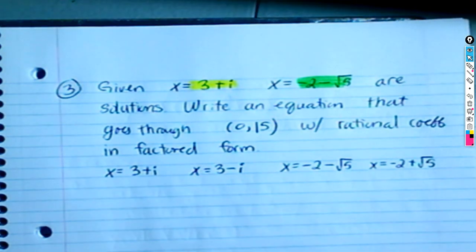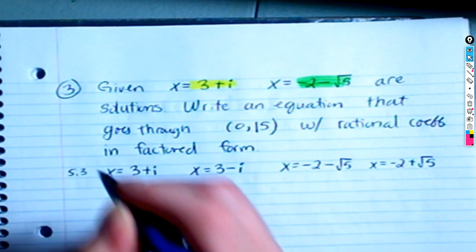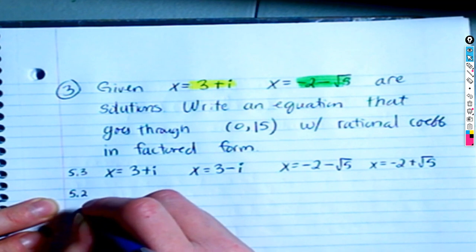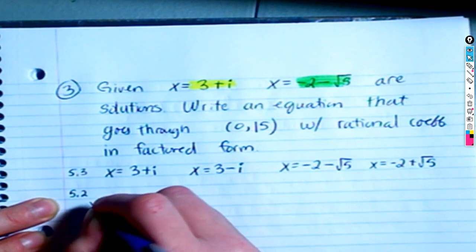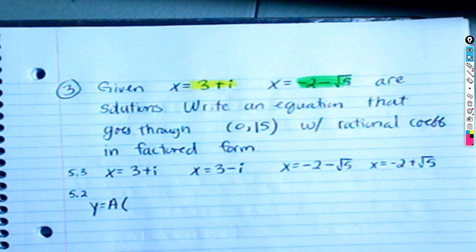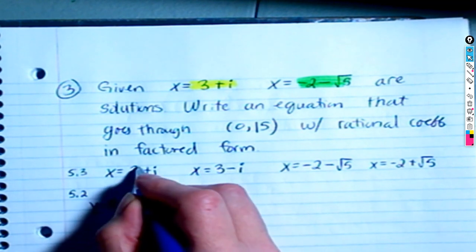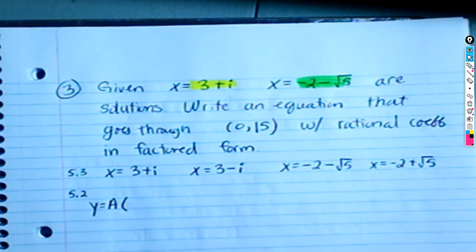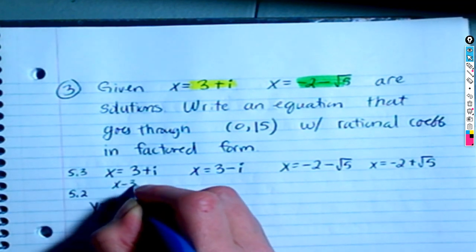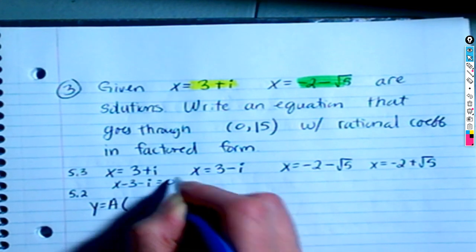Notice that it's just the sign on the imaginary part that is changing. Now we need to turn them into factors. Opposites. Now, in order to help me do this correctly, I'm actually going to subtract these from both sides.